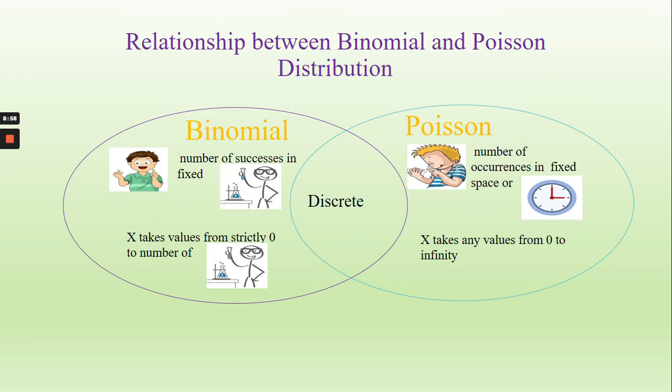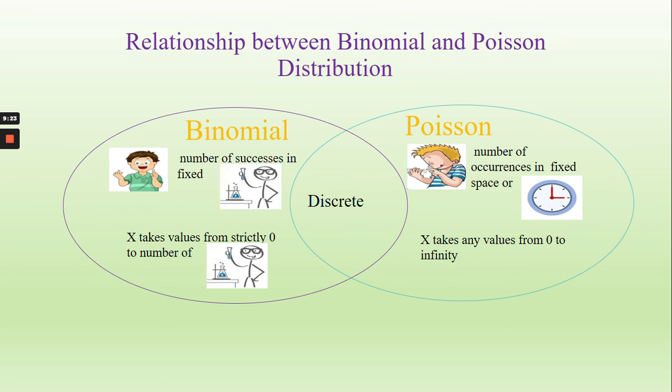Now, the third learning outcome that you are supposed to consider was the relationship between binomial and Poisson distribution. Poisson and binomial distribution are closely related, but not so much. In binomial, the random variable x is used to count the number of successes in a fixed experiment, and x takes a value from strictly 0 to the number of experiments.